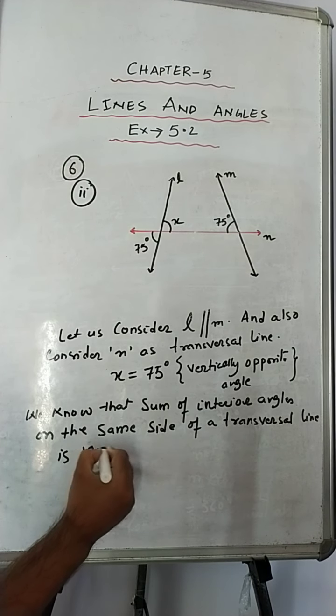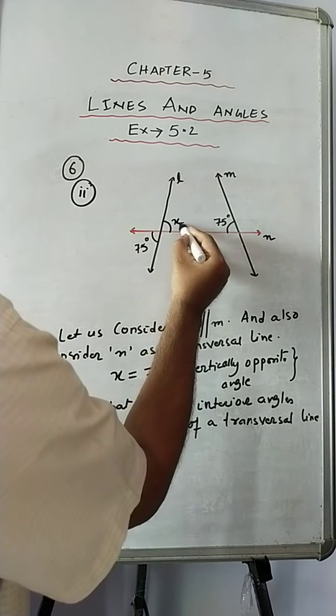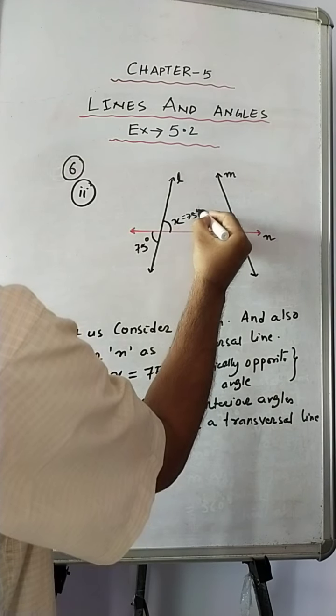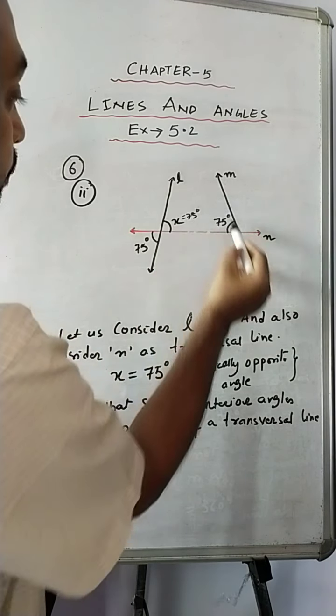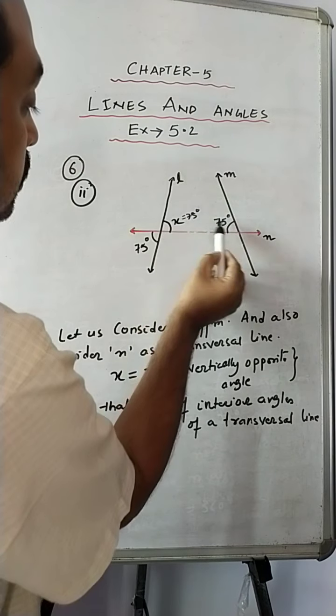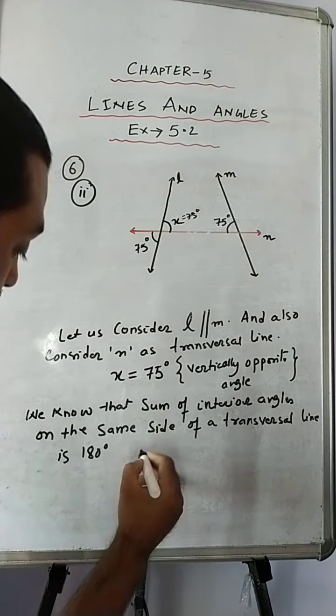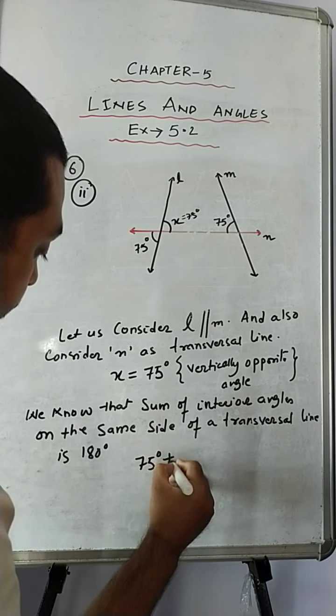It is 180 degrees. That means now we know that x is equal to 75 degrees. That means if these two lines are parallel, then the sum of these two angles should be equal to 180 degrees. Now let's see whether the sum is 180 degrees or not.